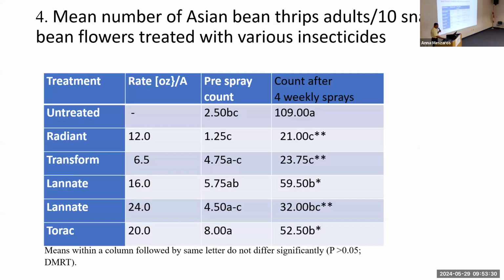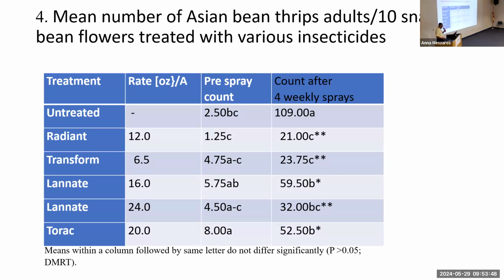Here, this one shows again Radiant and Transform. Radiant, you know, this product is performing really very well in controlling all kinds of thrips. Here we used Radiant, Transform, and Lanate.